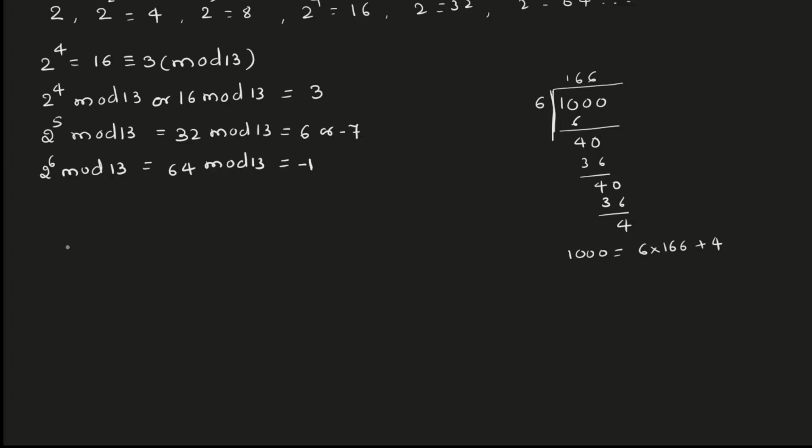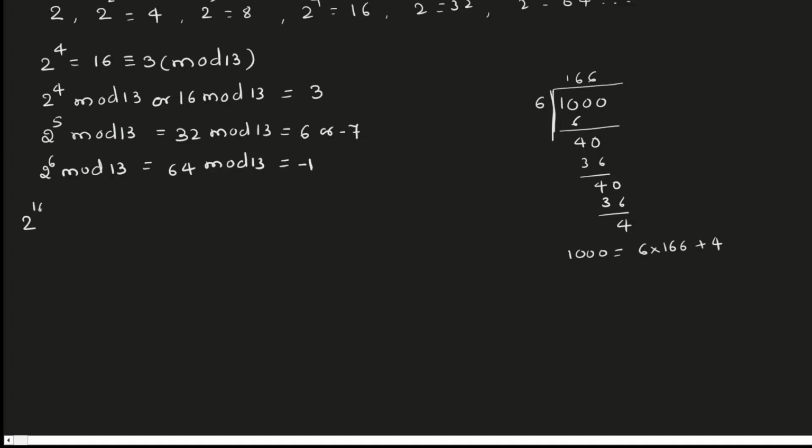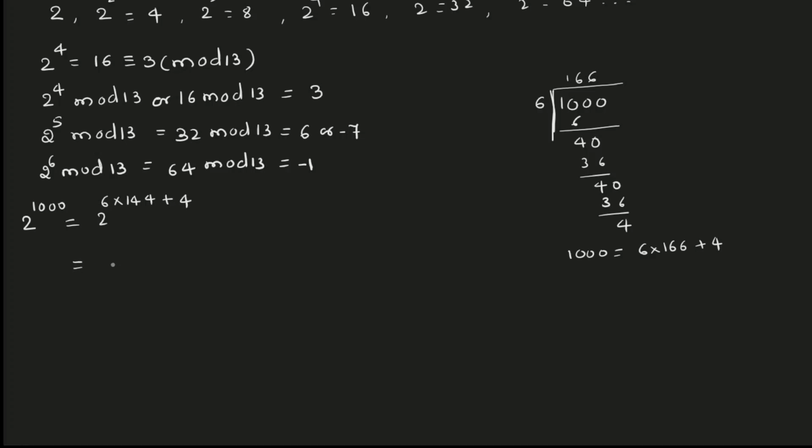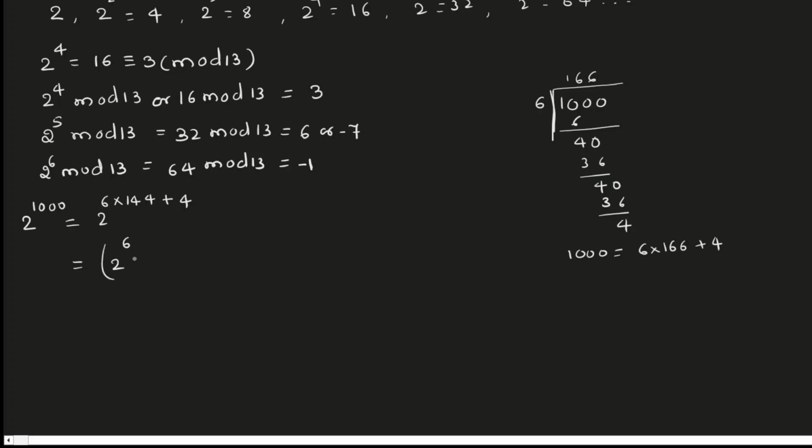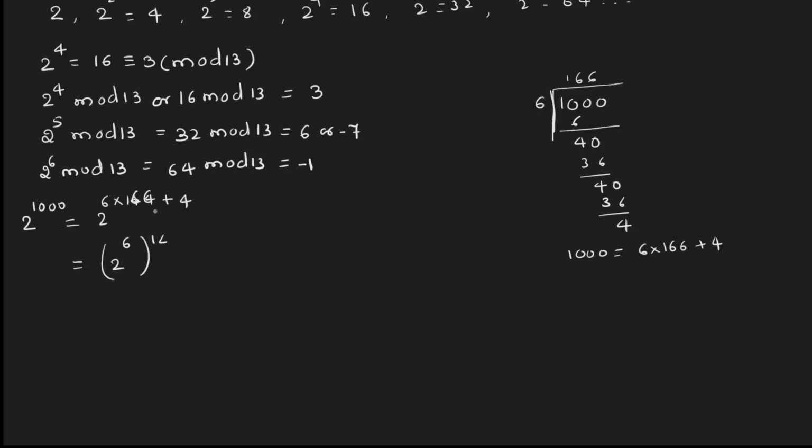Next, we express 2 raised to 1000 as 2 raised to 6 into 166 plus 4, which is 2 raised to 6 into 166 times 2 raised to 4. The bases are the same, that is why the powers are added. Now we split up the base: 2 raised to 6, 166 times, into 2 raised to 4.